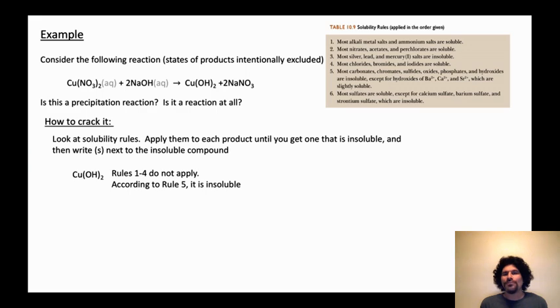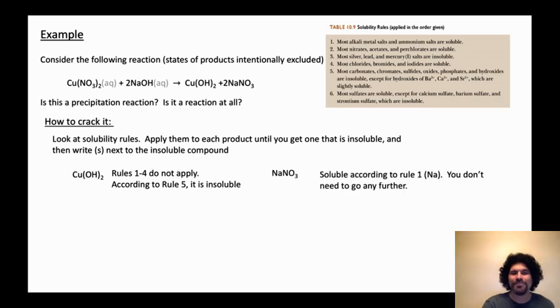So rule 5 is telling us, if we haven't already excluded that hydroxide from rule 1, that hydroxides are going to be insoluble. So based on rule 5, we're going to conclude that copper hydroxide is insoluble. Now, what about sodium nitrate? Well, we've already found the one that's insoluble, so the answer already is yes, that it's a precipitation reaction.